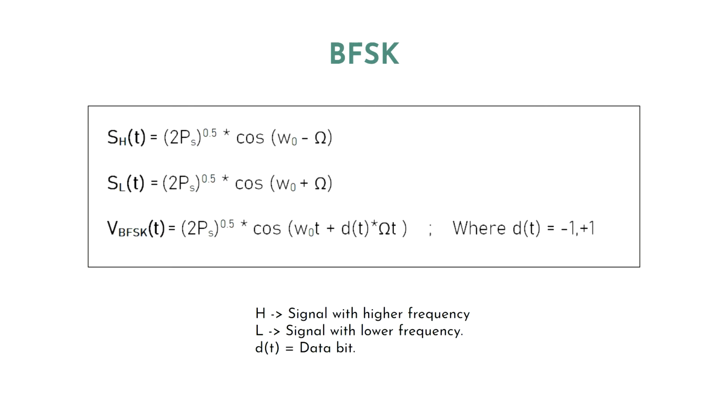With the help of these two equations, VBFSK of t is equal to root 2Ps times cos of (omega naught t plus d(t) delta t), where the value of d(t) will vary from -1 to +1.